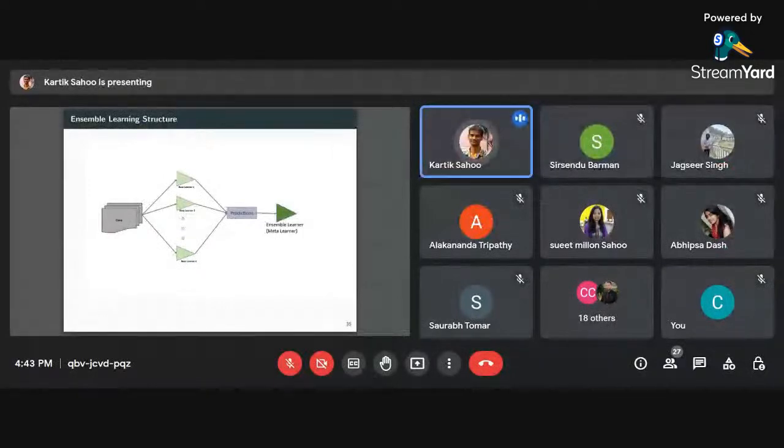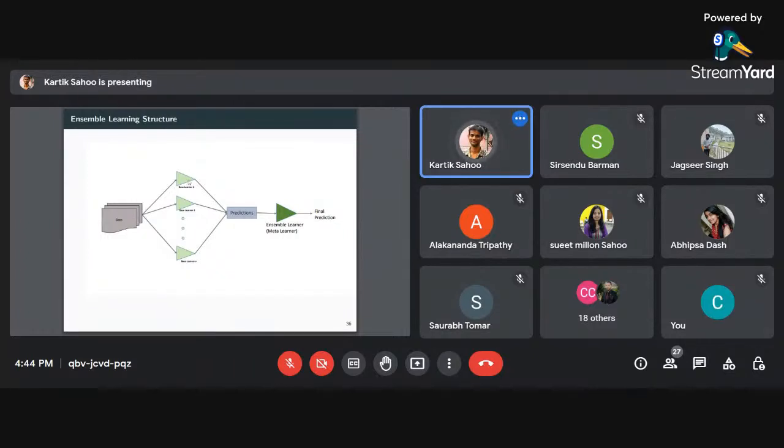It can be an optimization to find the weights of the base learners, or a genetic algorithm, or particle swarm, or simply averaging, one by n. This is the ensemble learner or meta learner. Then we make the final prediction, and this is what a complete ensemble learning structure looks like.